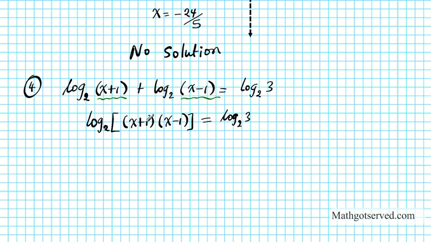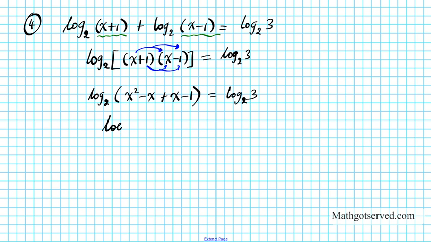Now we're going to distribute, first, outer, inner, and last. So that's going to give me log base 2 of x squared minus x plus x minus 1 equals log base 2 of 3. Simplifying this, I'll have log base 2 of x squared minus 1 equals log base 2 of 3.